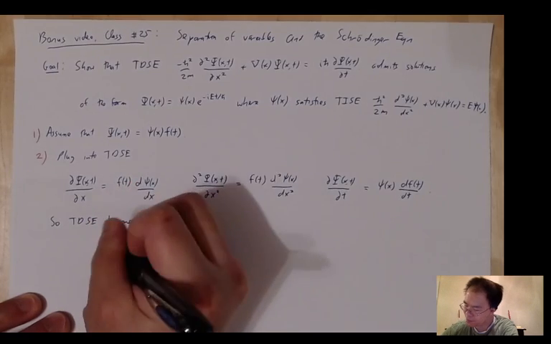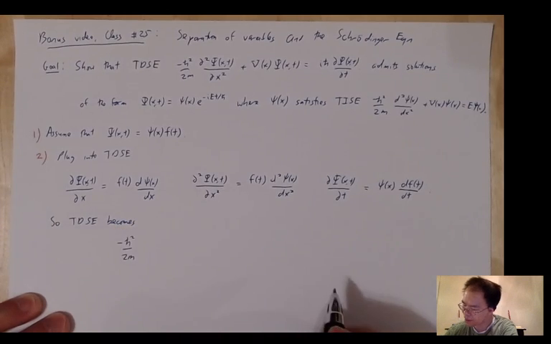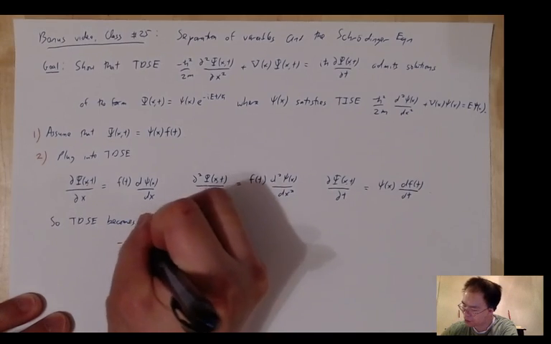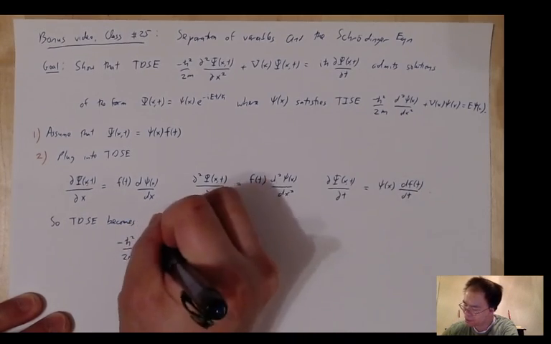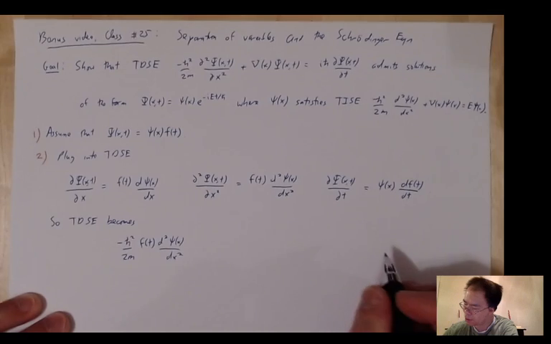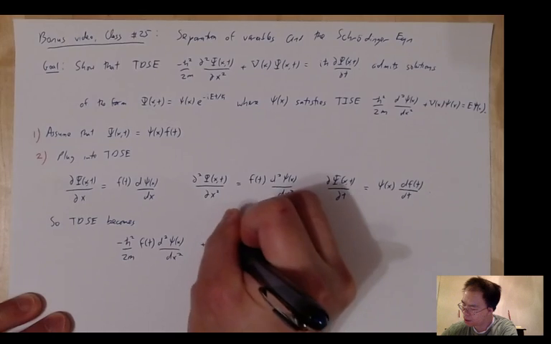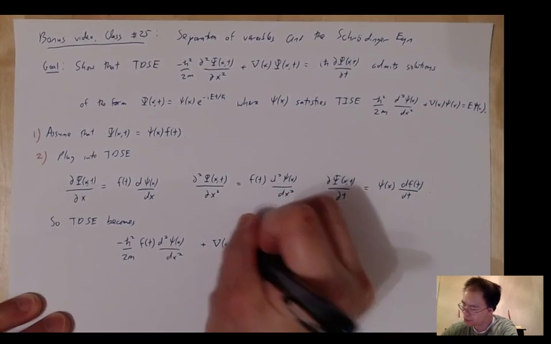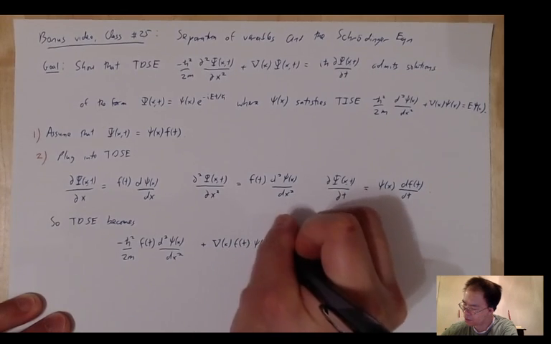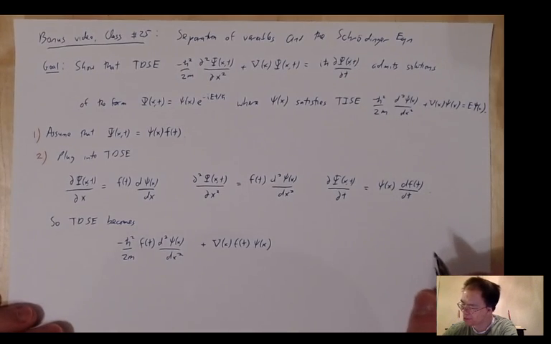Minus h bar squared over 2m, we have our f(t), we have our d squared lowercase psi dx squared, and then we have our V times our wave function, which is f(t) lowercase psi(x), or I should have written it the other way around, no big deal.